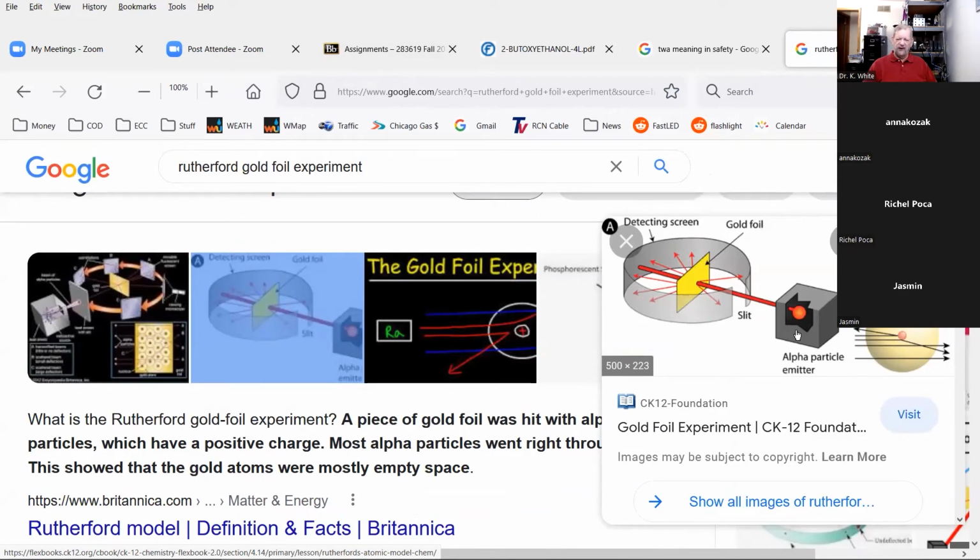And what's the experiment? You take very high energy particles, think of them like cannonballs, and you shoot them at a very thin foil, in this case, gold. Well, think of it, if you shot cannonballs at tissue paper, Kleenex, or Puffs, it's going to go boom right through it.